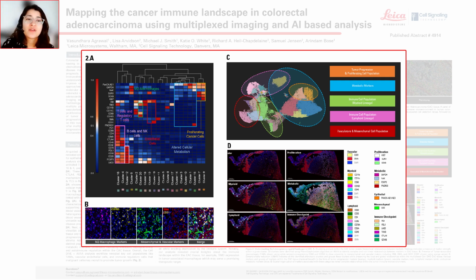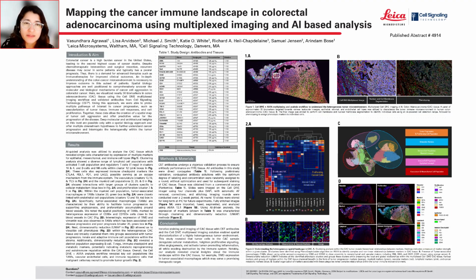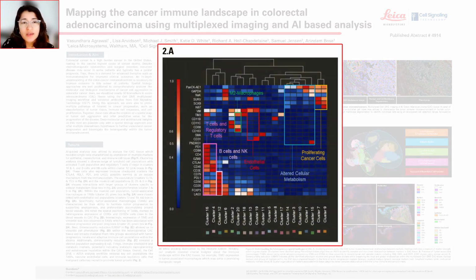AI-guided analysis reveals single cells characterized by expression of multiple markers for epithelial, mesenchymal, and immune cell types. The first part of the analysis, shown in Figure 2A, utilizes unsupervised clustering using Aivia analysis software.